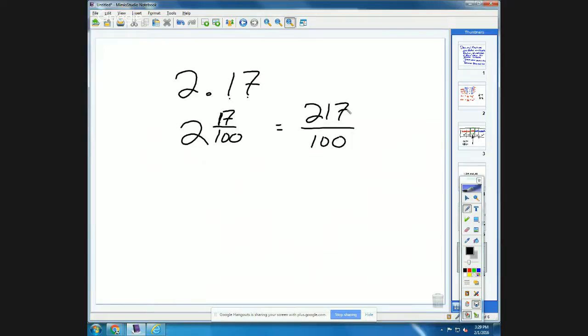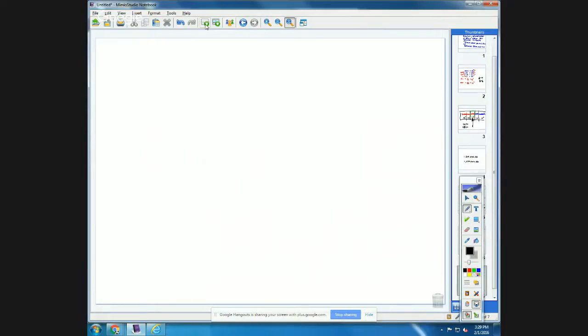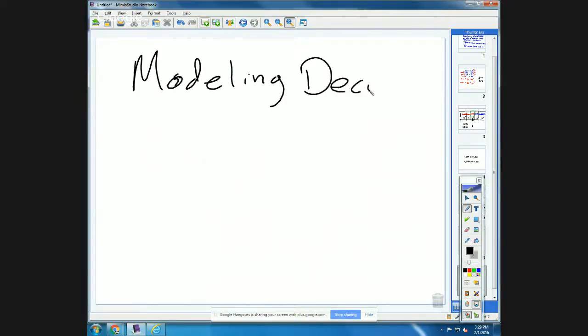Excuse me, other thing we need to talk about is modeling decimals. So a couple of things to think of. A decimal, in this case, I'm talking about decimal fractions, right? Not just whole numbers. And so with the idea of fractions, put that in there.